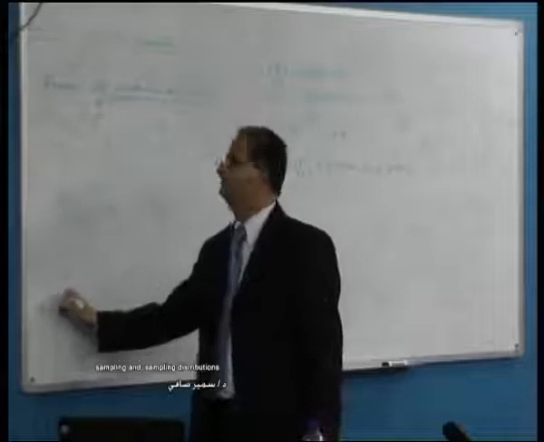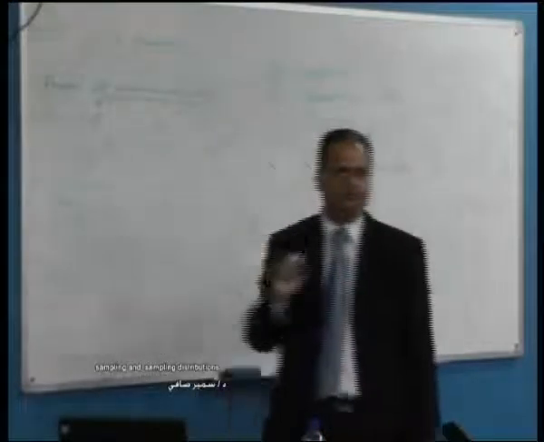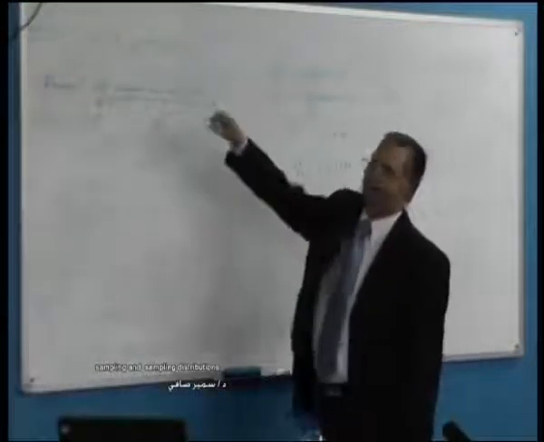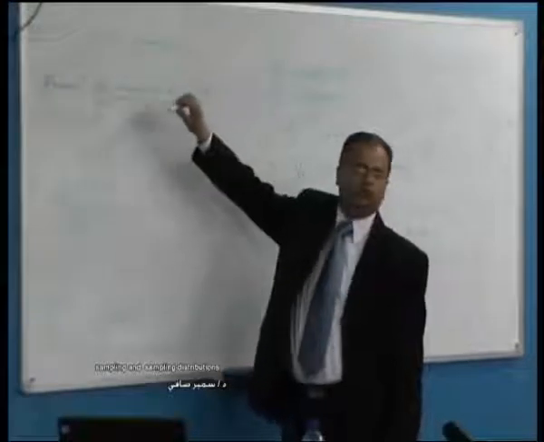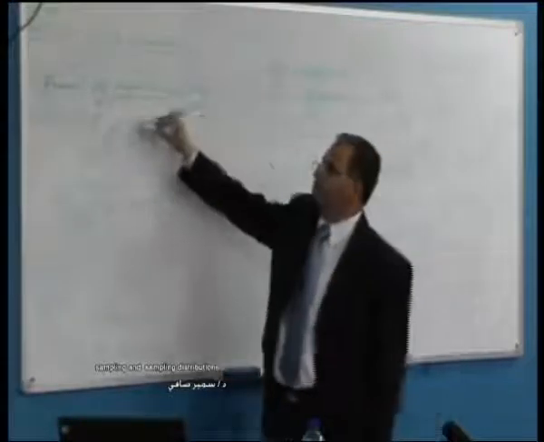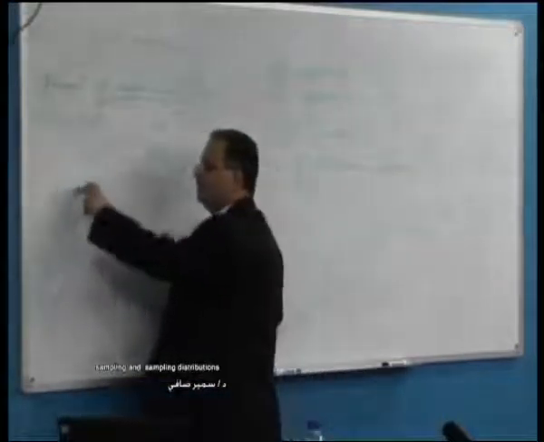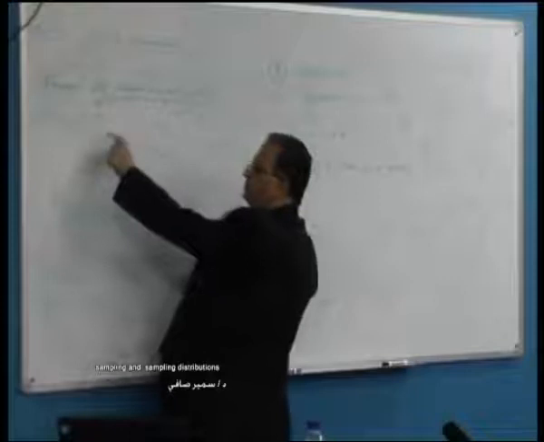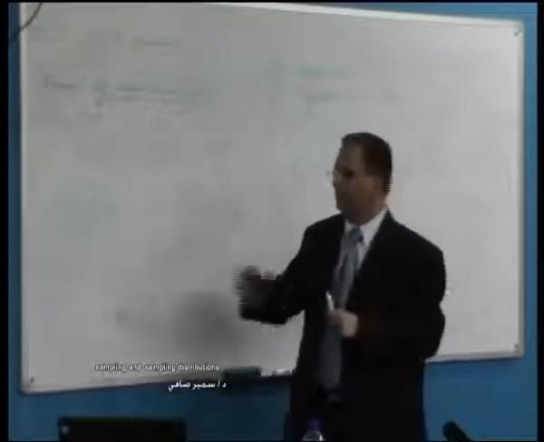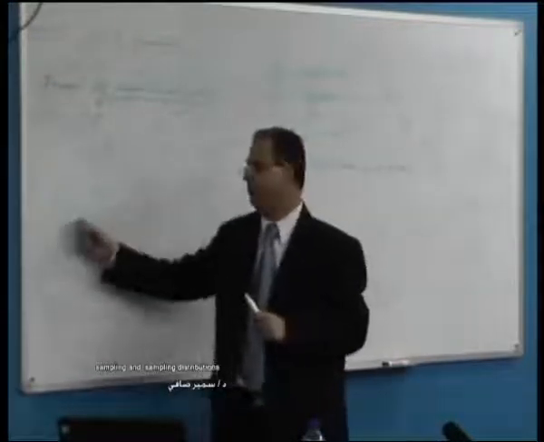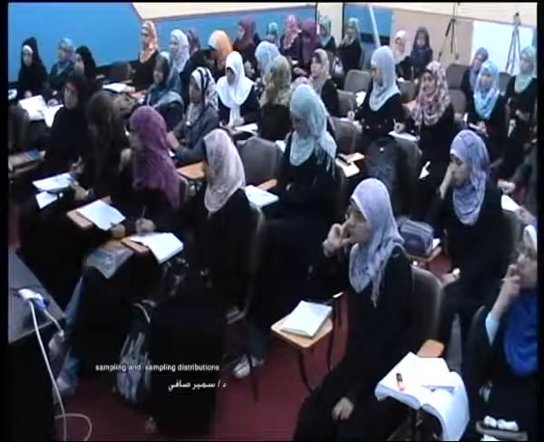So here we divided the population into two groups or two subgroups, females and males, and we select a random sample of size 700 based on the proportion of this subgroup. Then we are using the simple random table to take the 700 females.